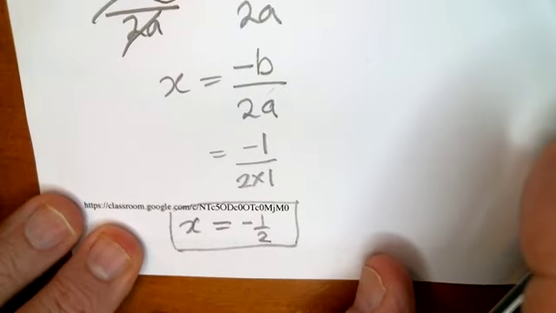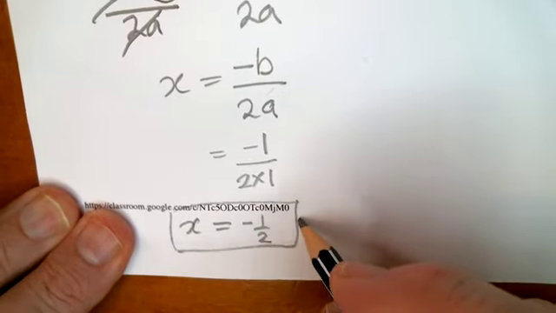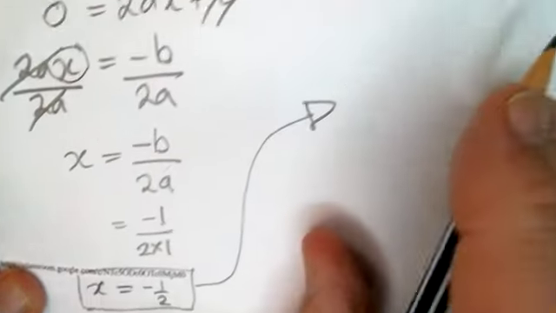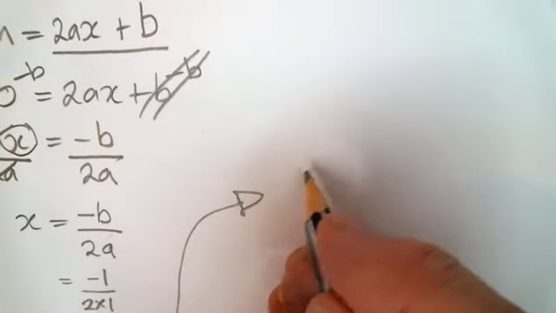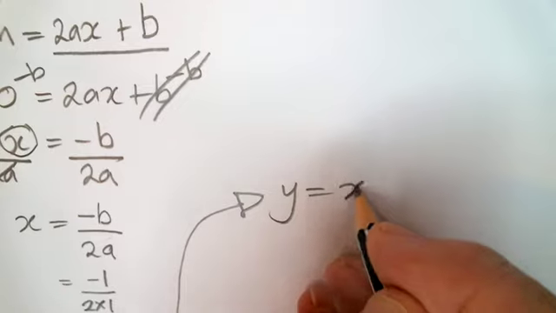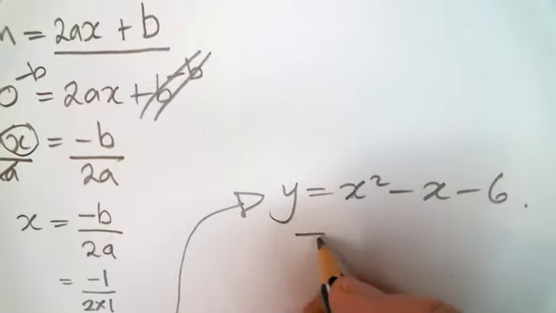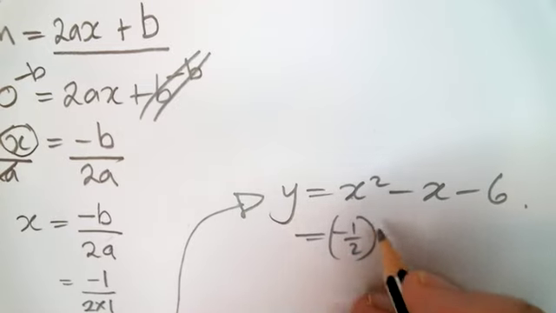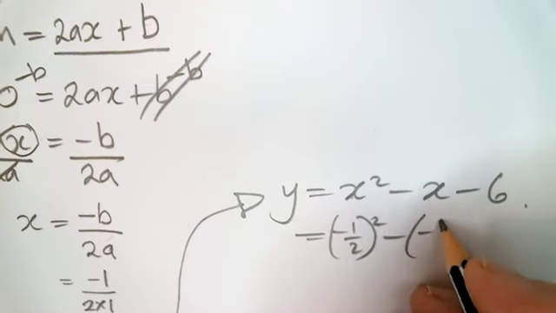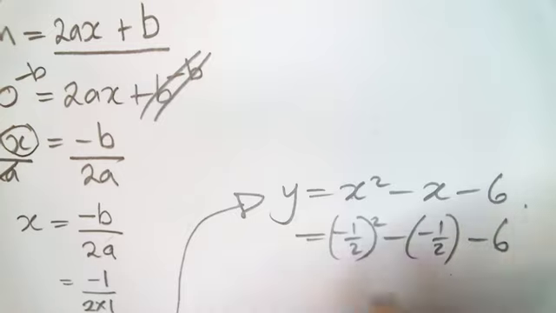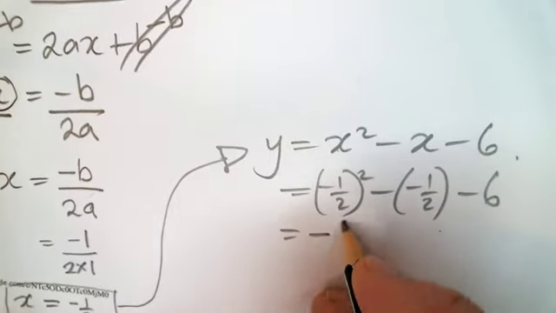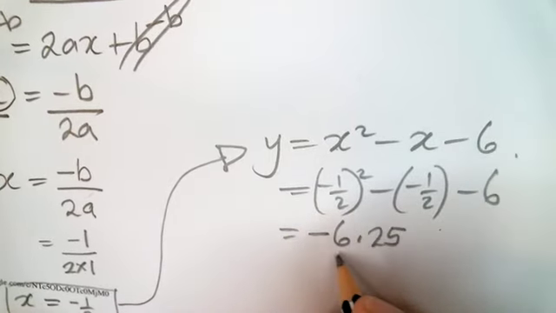And now to find the y value, we take this and we plonk that straight back into the equation. We've got y is equal to x squared minus x minus 6. We're going to make x equal to negative 1/2, so it's negative 1/2, all squared, minus negative 1/2 minus 6, and that is equal to negative 6.25.